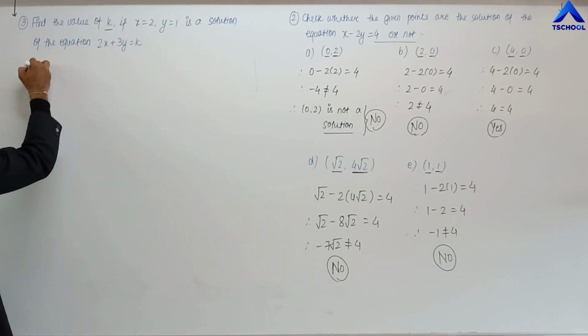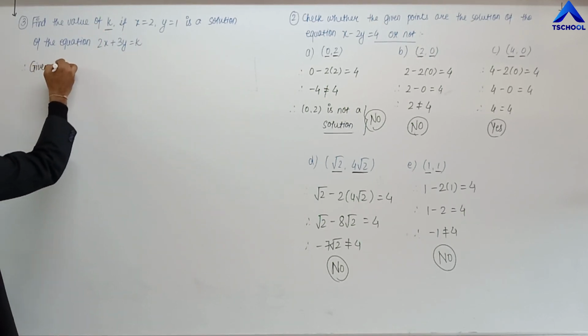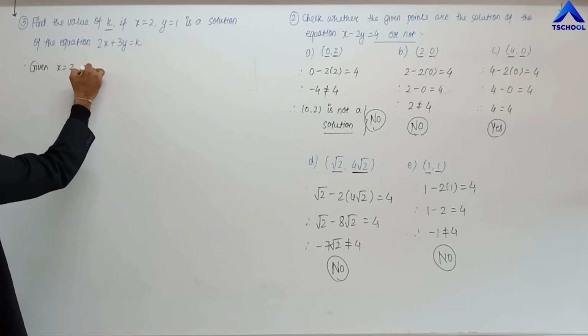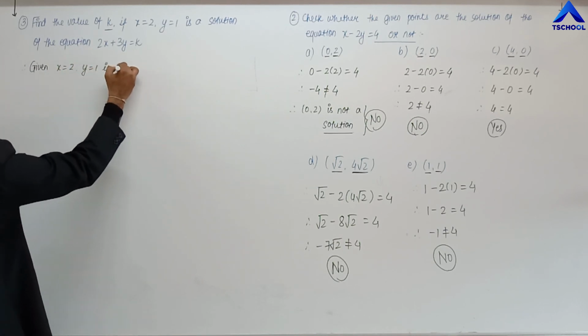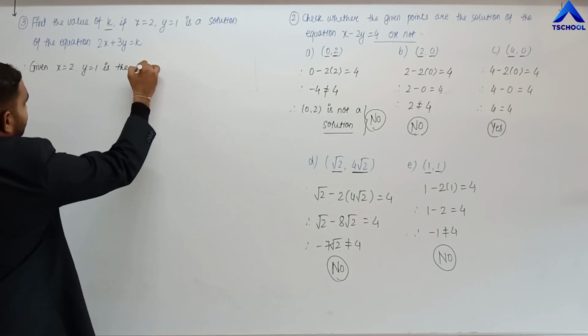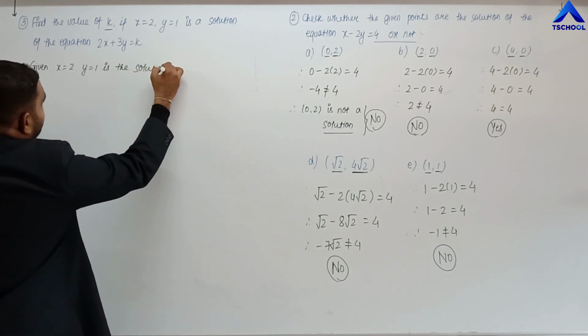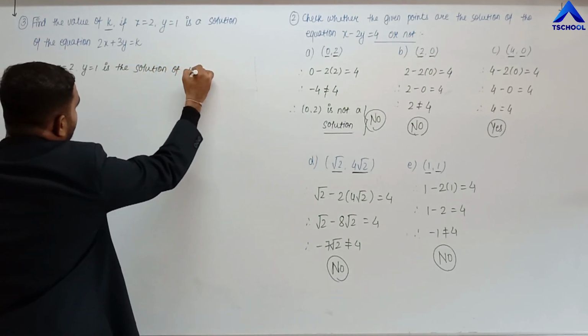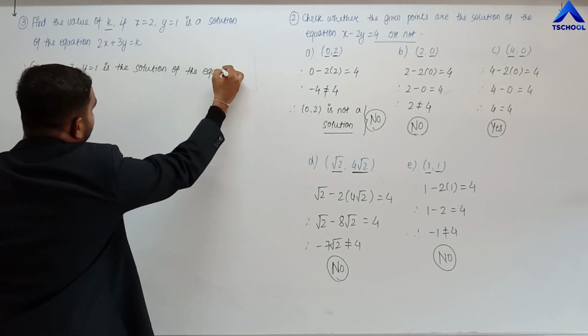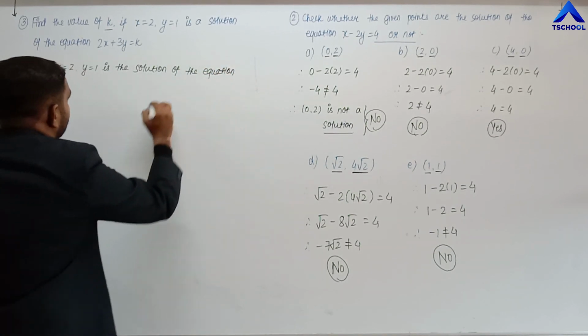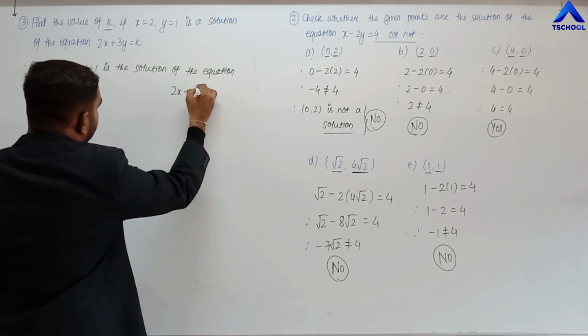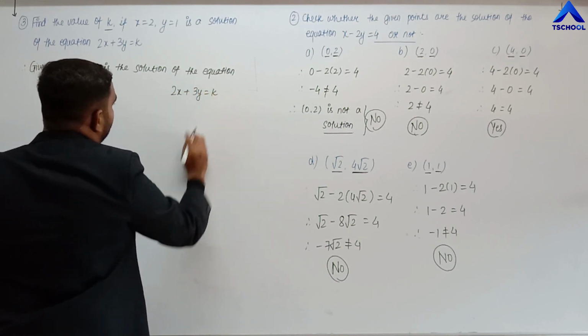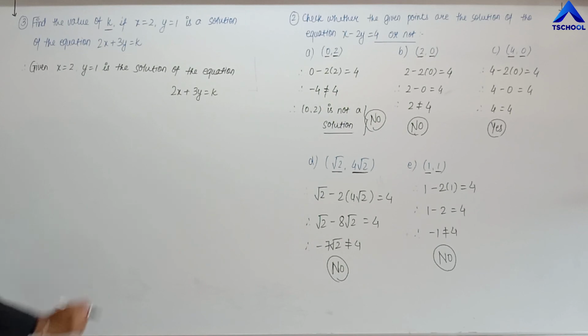Therefore, given x equals 2, y equals 1 is the solution of the equation 2x plus 3y equals to k.